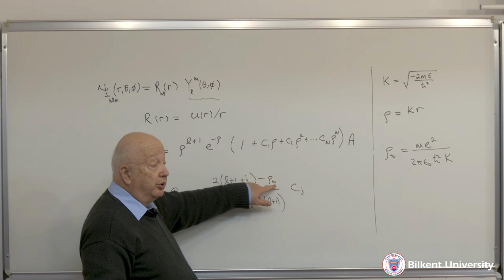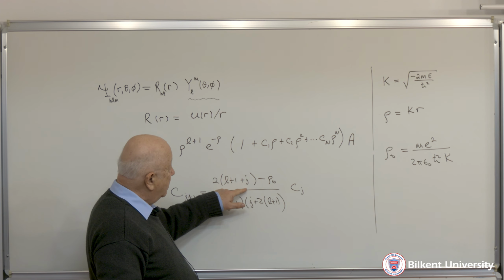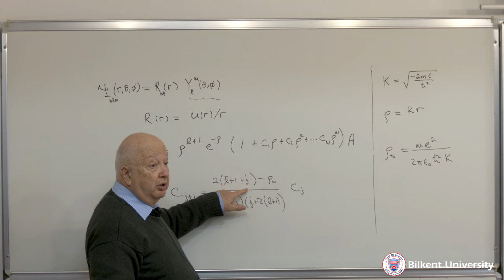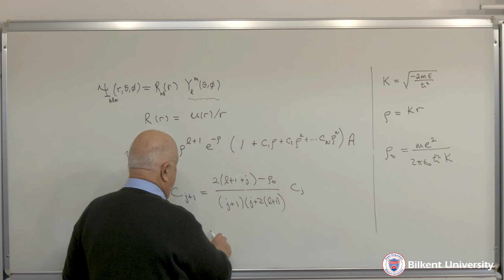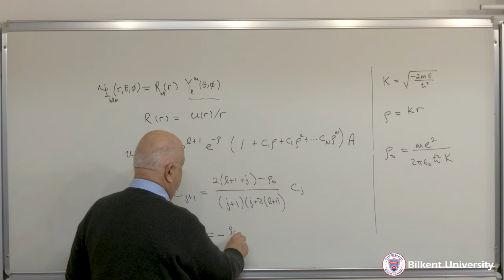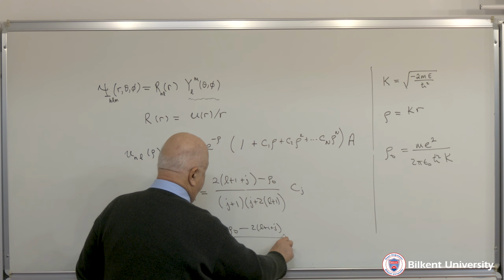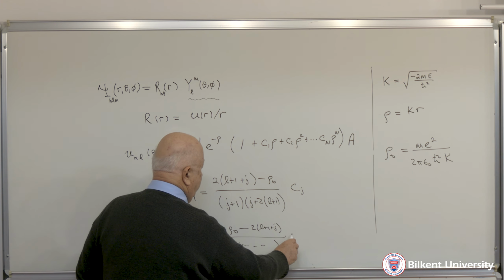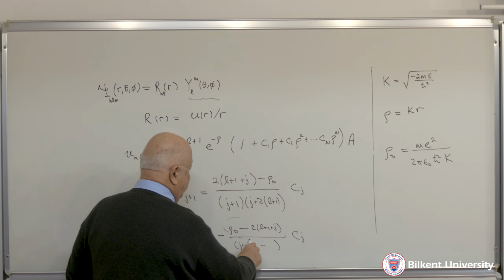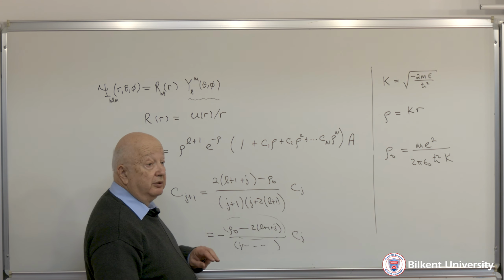So I keep getting negative numbers consecutively until it reaches 0. So a better way of writing this would probably be something like minus rho 0 minus 2L plus 1 plus j, divided by the denominator. So I'm going to get a negative number here, negative number here, until I hit the correct value of rho 0.